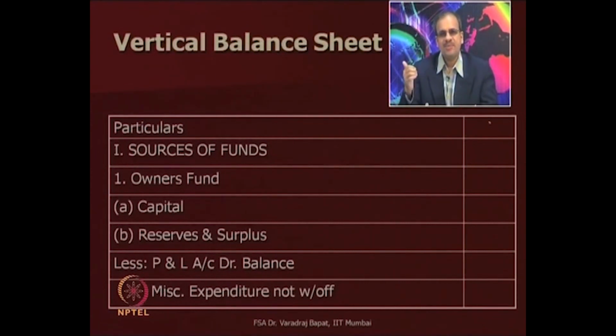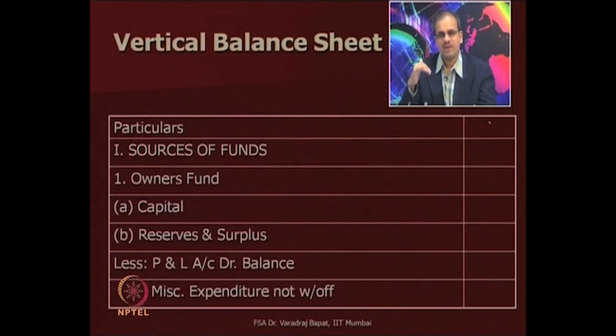So, in vertical statement, generally we start with sources of funds. This is more or less the liabilities, but not exactly the repetition of liabilities. So, in sources of funds, we take owner's fund. This is the money which belongs to the owners.